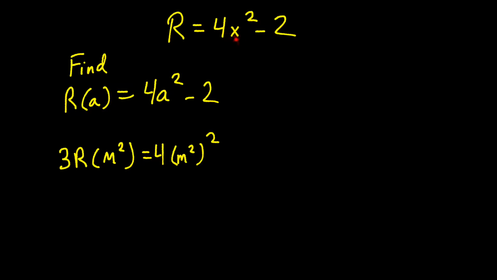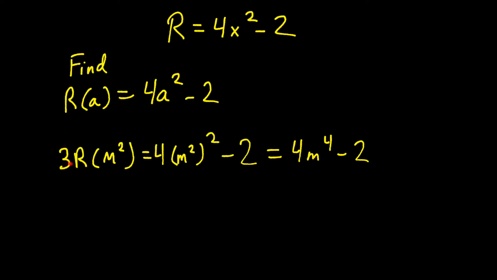Because look, it's x squared, and what I'm putting in for x is m squared. So here's where x was, and we have to square it. So we're going to have to take care of that in a moment. Nothing happens to the minus 2. So this is going to be 4m to the 4th minus 2.